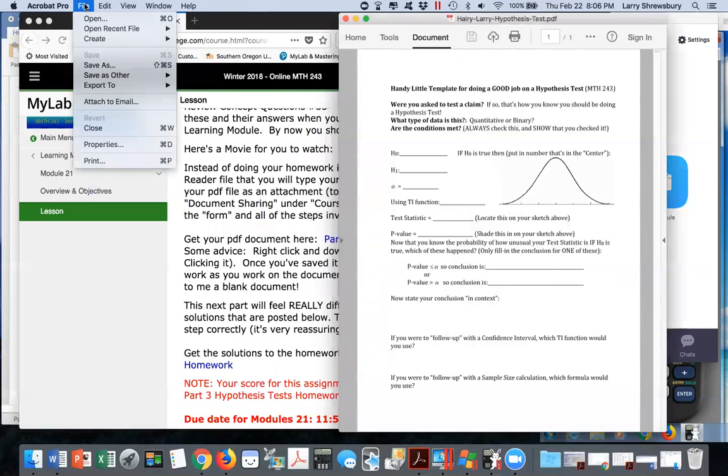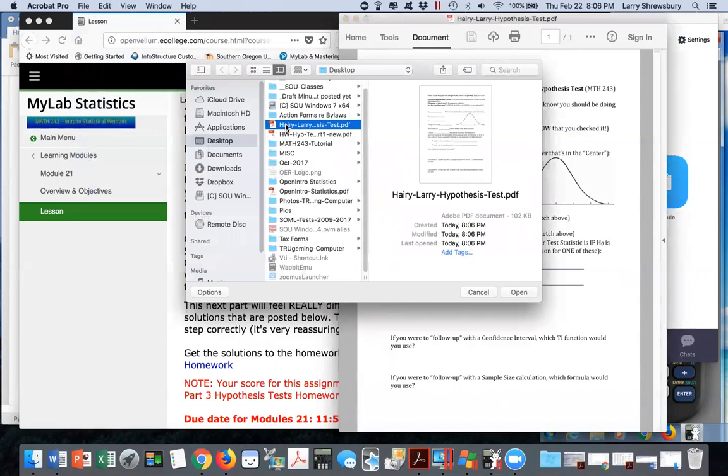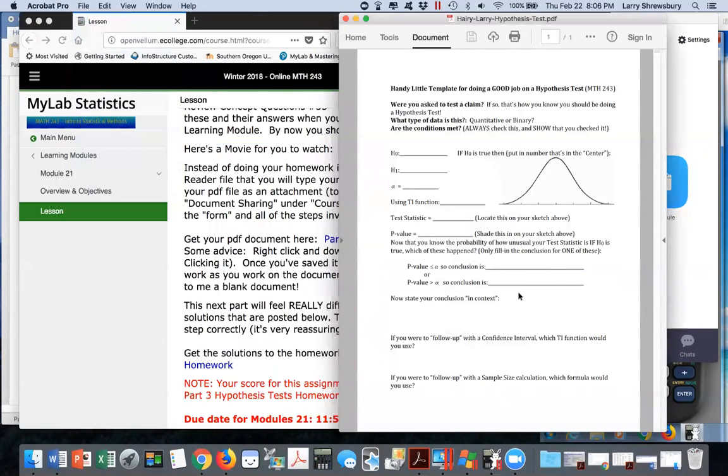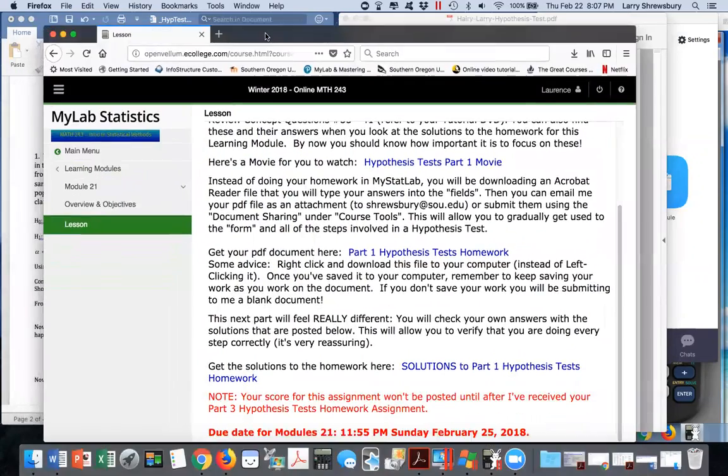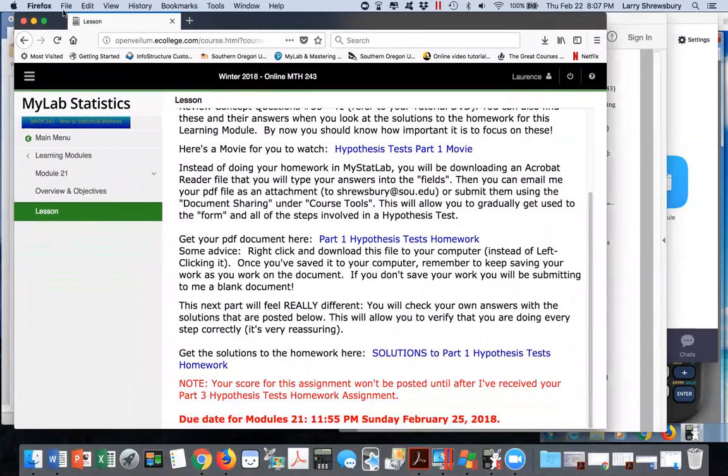So then I'll do File, and then I'll do an Open. Then I look where I had this thing saved. There it is. Because you put your name in it, you can clearly recognize it. Open it. I thought I opened it. What did I do? It's not hiding back here, is it? I'm not sure what I just did.